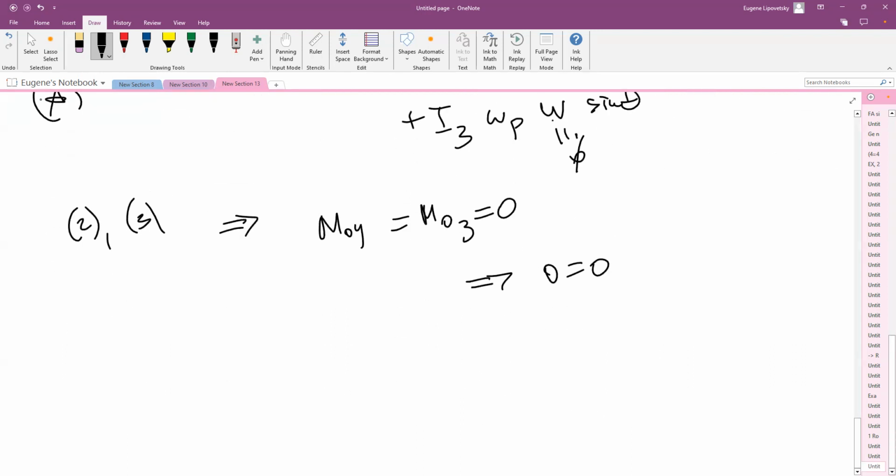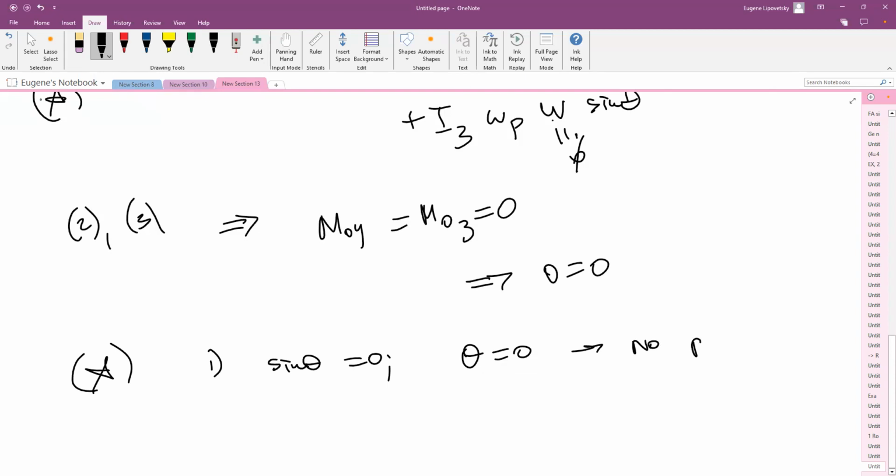Out of equation star, the first case is that sine theta is common and it's 0, so theta is 0. There is no precession. The top is vertical. That's of no interest to us.